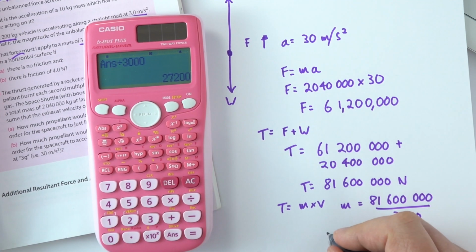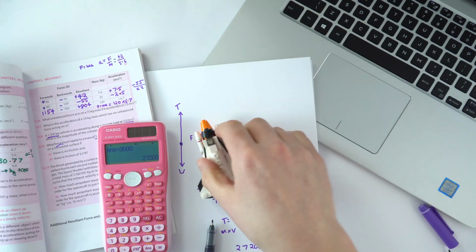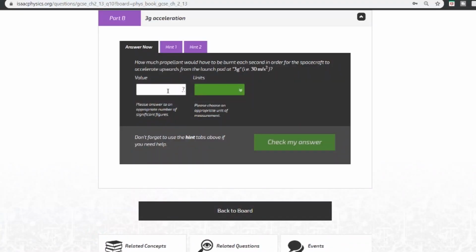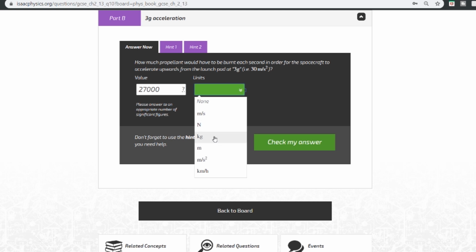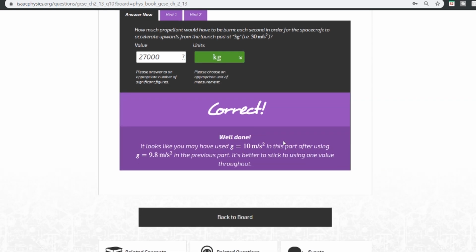Which then gives a mass burnt each second equal to 27,200 kilograms. So let's just check that I'm correct. An appropriate number of significant figures would be 2 for this. I'm just going to say 27,000 kilograms per second is correct.